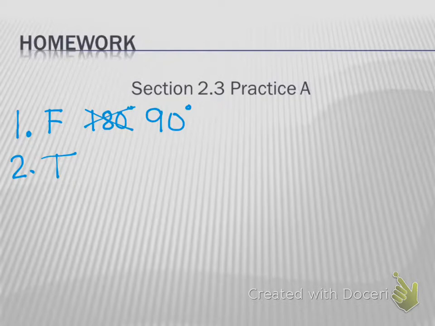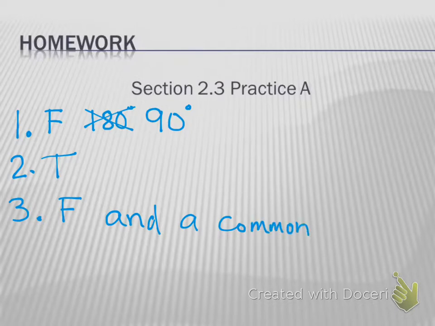All right, number 3 says 2 angles are adjacent if they share a common vertex. Is that true or false? That's false. They have to have a common vertex and a common what? Side. Good. You guys were listening today. I like it. So just a common vertex is not enough.